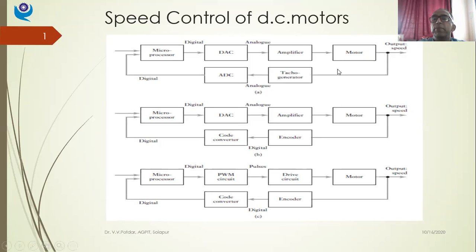The microprocessor, D2A converter and amplifier are called my control elements, and this is the actuator, that is the system element or the process element.